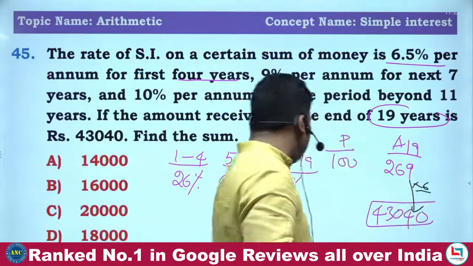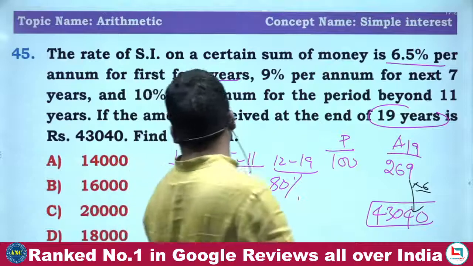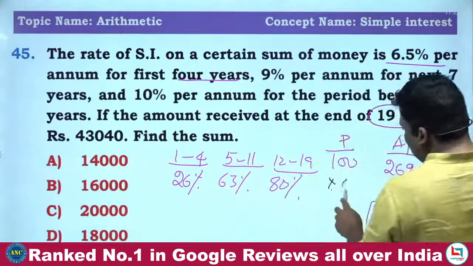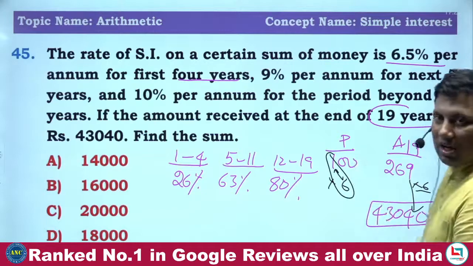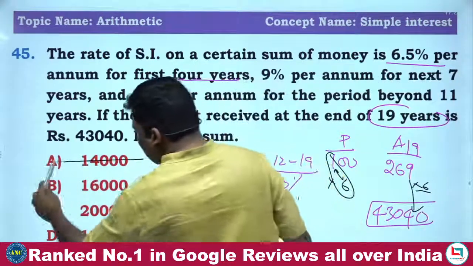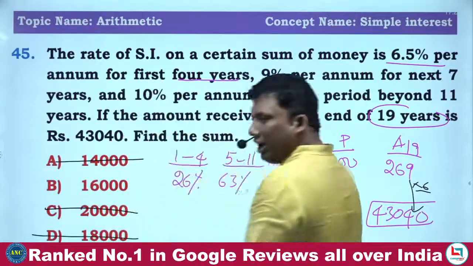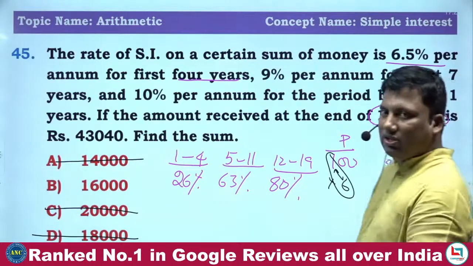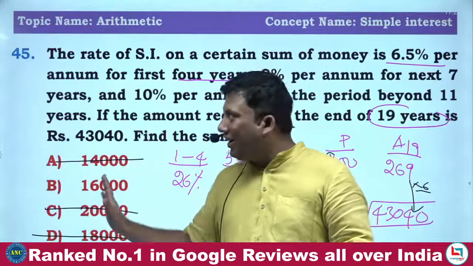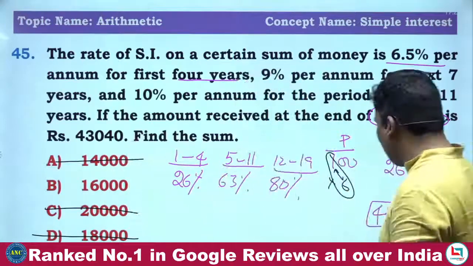The multiplication factor is 6. So, what is the question? Find the sum. It is also 6. The rightmost non-zero digit should be 6. Answer is 16,000. I hope the idea is very, very clear to you.